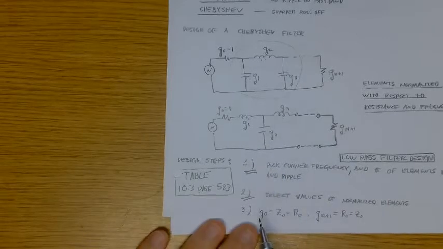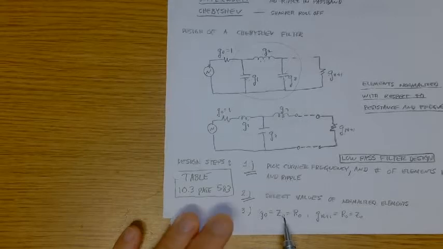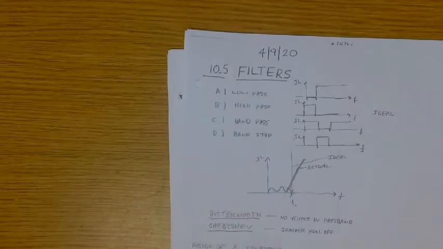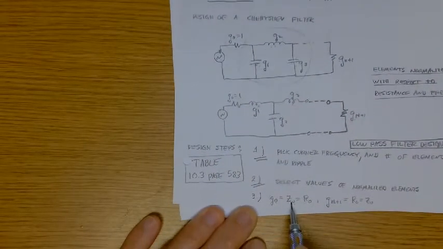And then I'm going to pick G0, right? It's going to be Z0, R naught. So G0 and G sub n plus 1 are frequently going to be 50 ohms for our work. Okay.